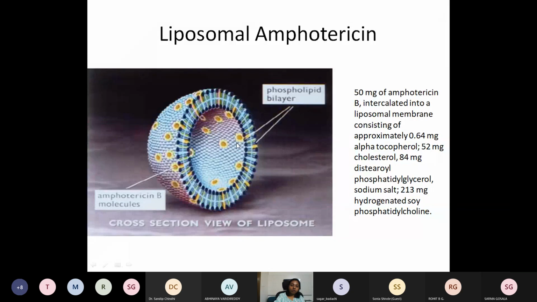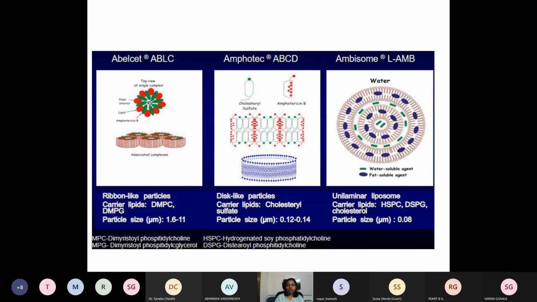These are amphotericin B molecules intercalated in a phospholipid bilayer, and it has alpha tocopherol, cholesterol, phosphatidylglycerol, phosphatidylcholine as carriers. So this is a unilamellar liposome, that is AmBisome, liposomal amphotericin, and that is the ABCD, that is amphotericin B colloidal dispersion, a disc-like structure, and it's a ribbon-like structure in amphotericin B lipid complex. So we have the carrier lipids which are different: phosphatidylcholine, phosphatidylglycerol. Here it is cholesterol sulfate.